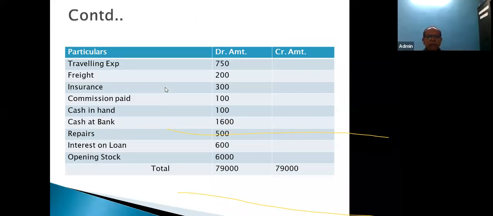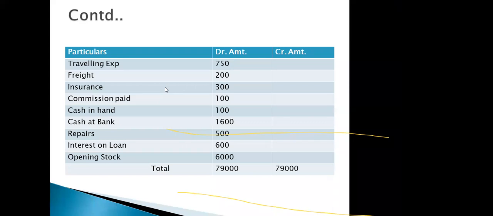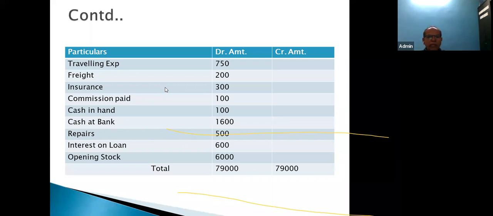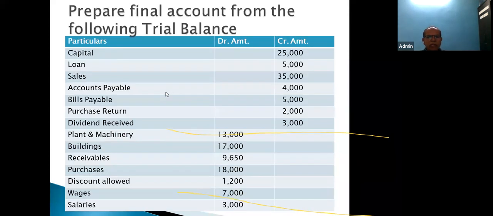No, sir. There is no sales return. If sales return had been given, it would have been deducted from there. Since it is not given, directly write on the trading account credit side 35,000 by sales.